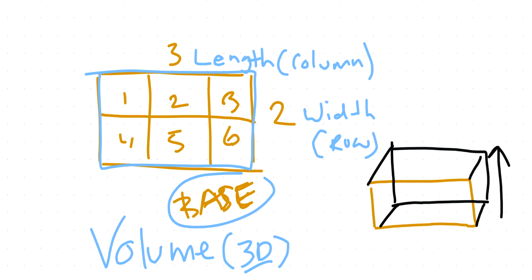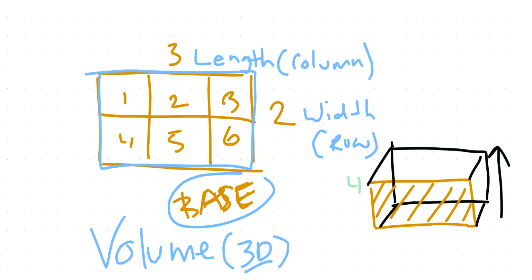It's almost like the shape's coming at you. It's always interesting how your eyes will look at it. Going back to our base, this bottom here is 3 by 2. And then we have a height of, let's say, 4. What it's saying is that I actually have 4 layers of this base.